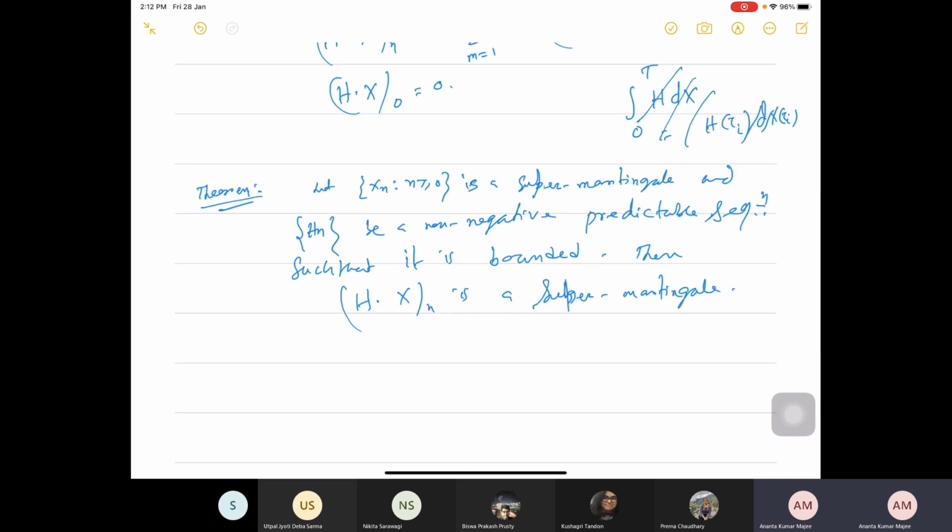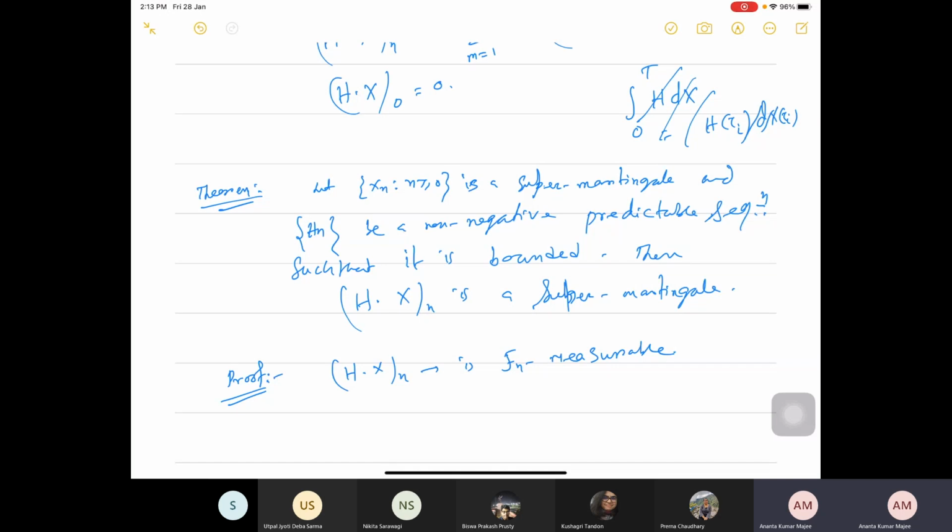The proof is simple. See that (h·x)_n is F_n measurable, is it not? Why is this so? Because if you look at the definition, it is h_m times (x_m minus x_{m-1}), which is F_m measurable, and then it is a sum over m equal to 1 to n, hence it is F_n measurable.